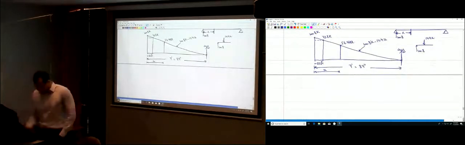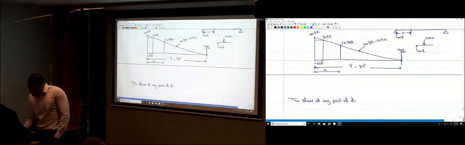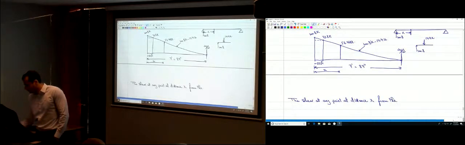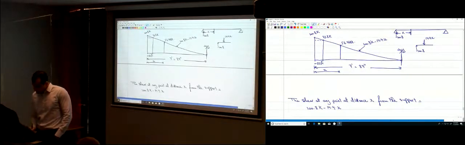So the shear at any point at distance x from the support is equal to 100.8 K minus 14.4x.